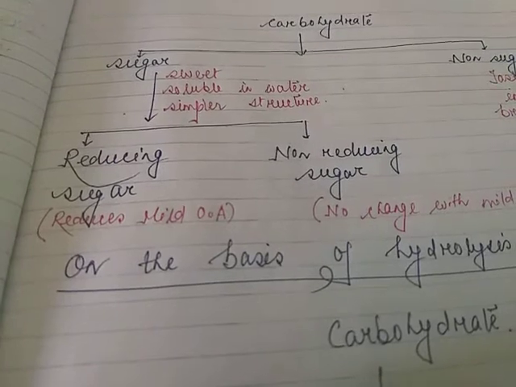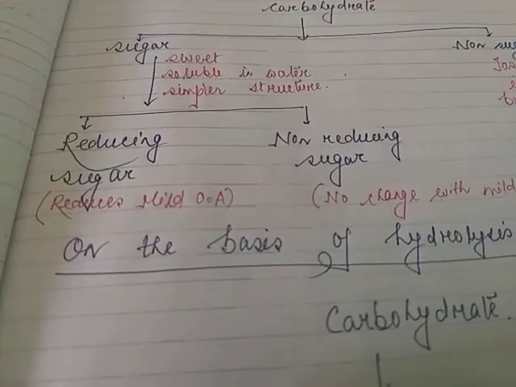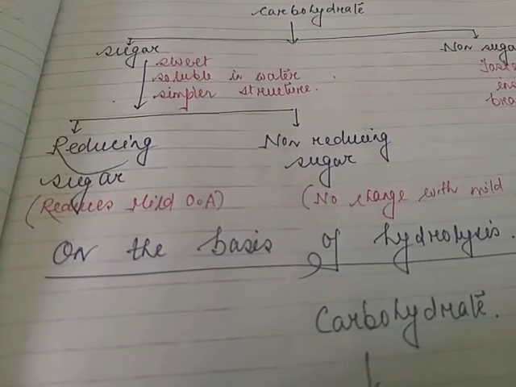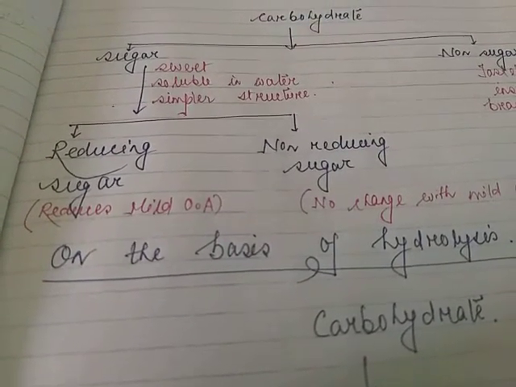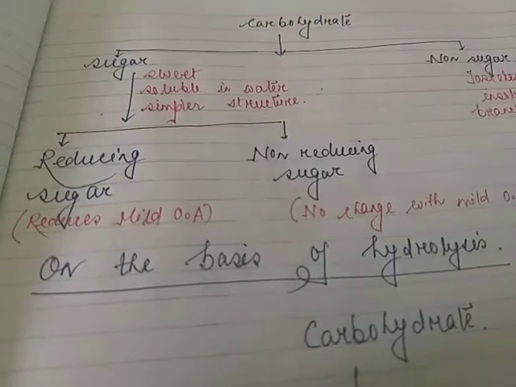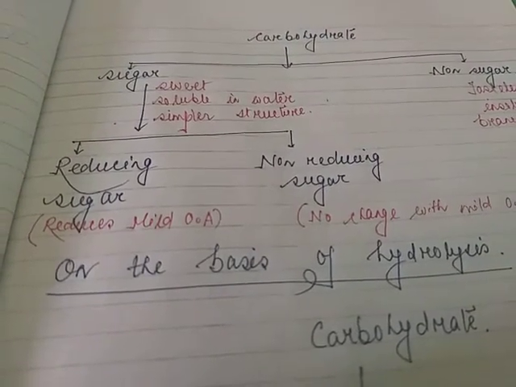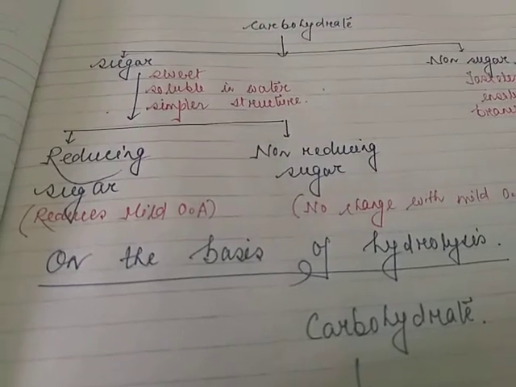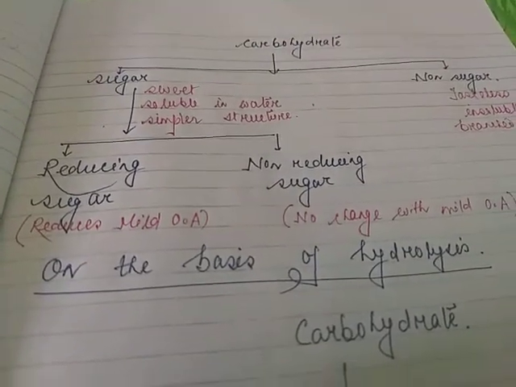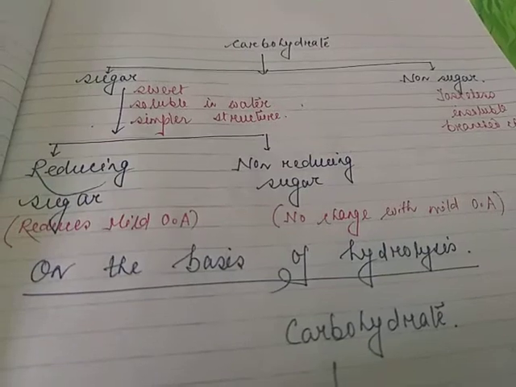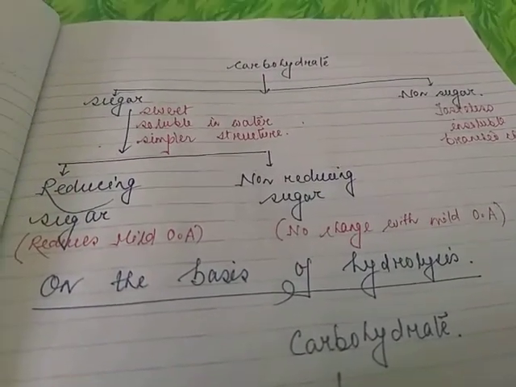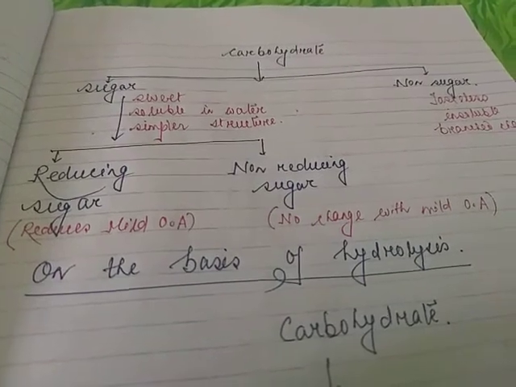Also, the reducing sugars decolorize bromine water, and with Fehling's solution test, the blue color of the Fehling's solution is changed to red precipitate. That is because of the formation of Cu2O, copper(I) oxide, that you will get in this Tollens reagent test or Fehling's solution test, detailed in the oxidation of aldehydes, that is already discussed in the aldehyde, ketone, carboxylic acid chapter.